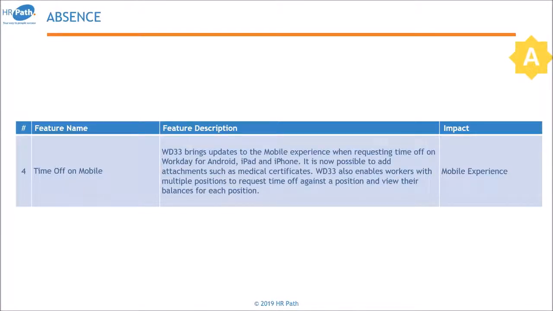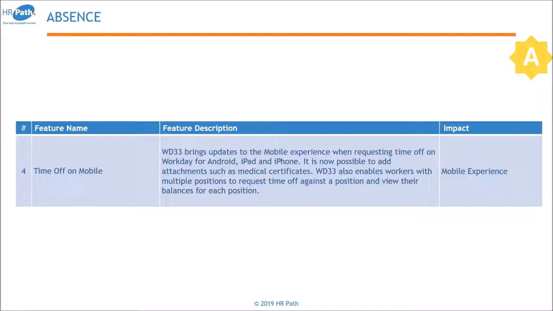Now our fourth absence feature, that is the time off on mobile. Workday brings updates to the mobile experience when requesting time off on Workday for Android, iPad, and iPhone.